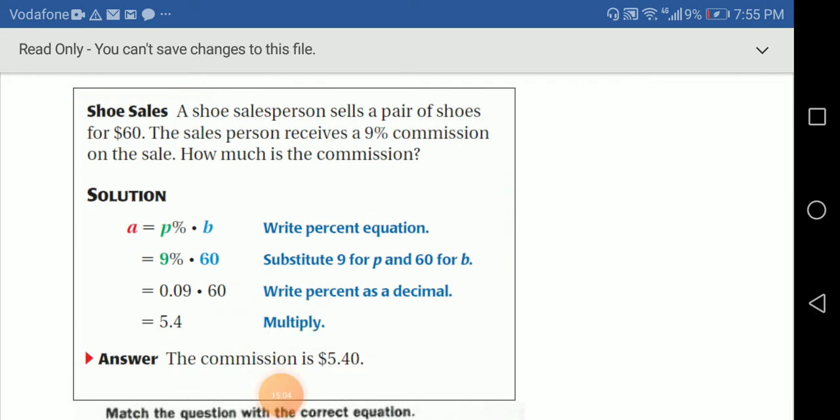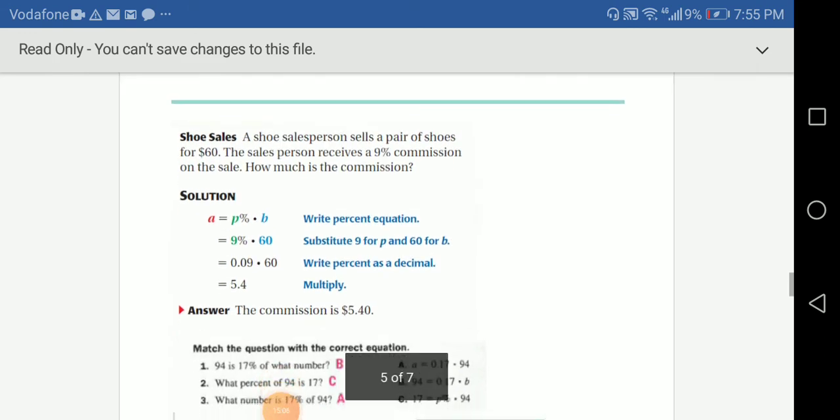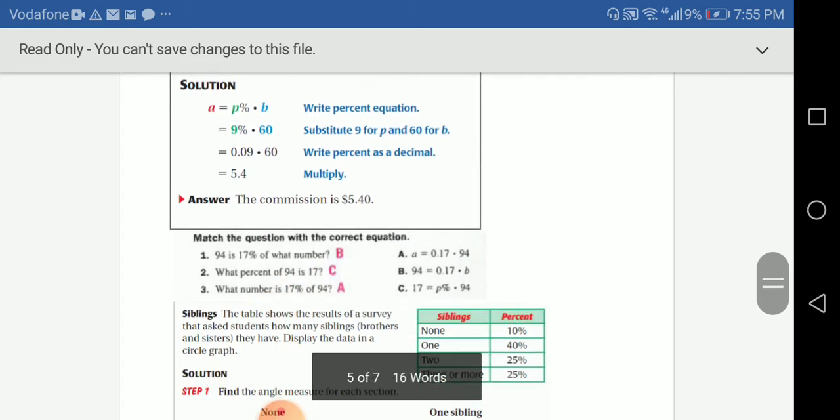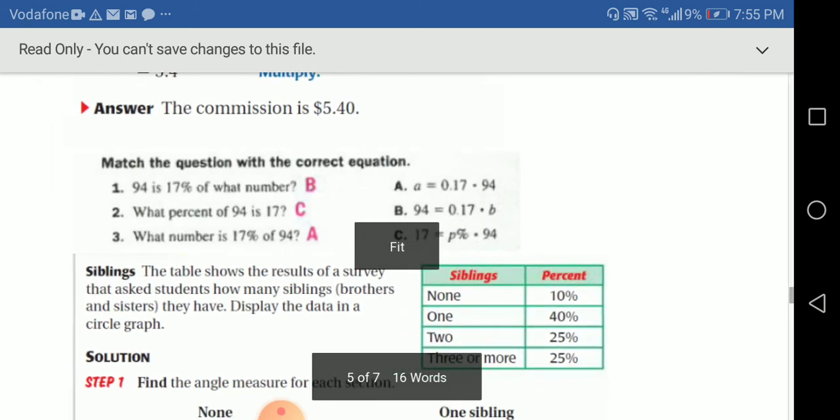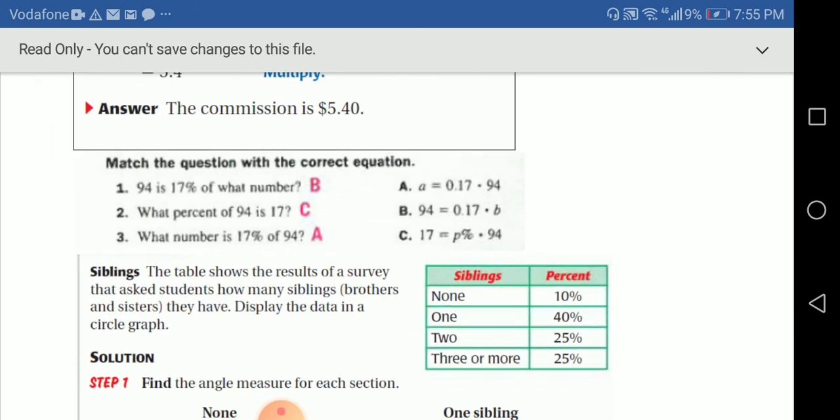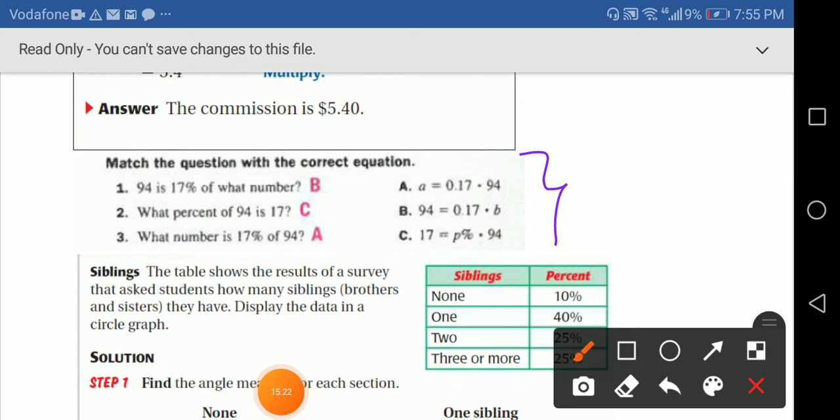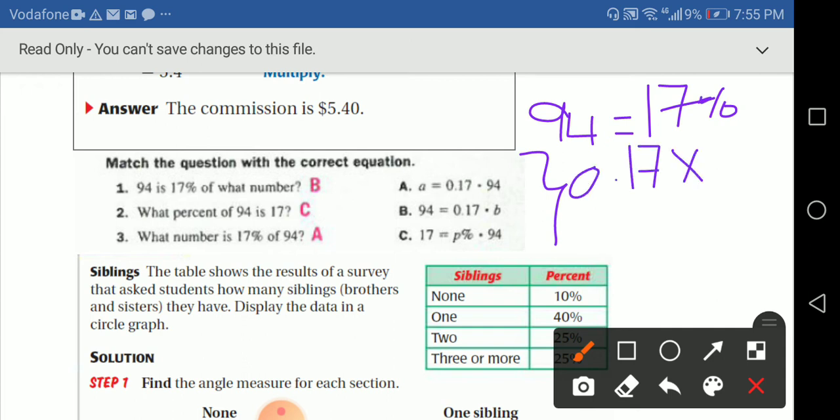Let's complete together. Yes, this one. This is the same idea, guys. 94 is 17% of what number? Yes, this is also important here. Match the question with the correct equation. 94 is 17% of what number? 94 is 17%. 17% is the same as 0.17, guys, of what number?